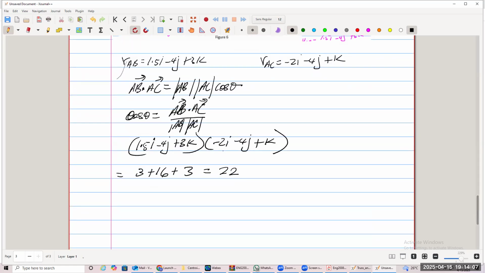So the modulus of AB is equal to 5.22. And if you can't be bothered to look, you can just work it out again. The other one, AC, would have been the root of minus 2 squared plus minus 4 squared plus 1 squared, so 4 plus 16 plus 1, the root of 21.